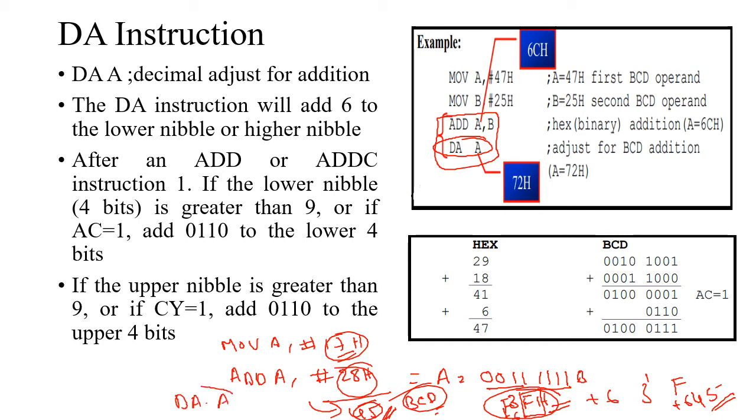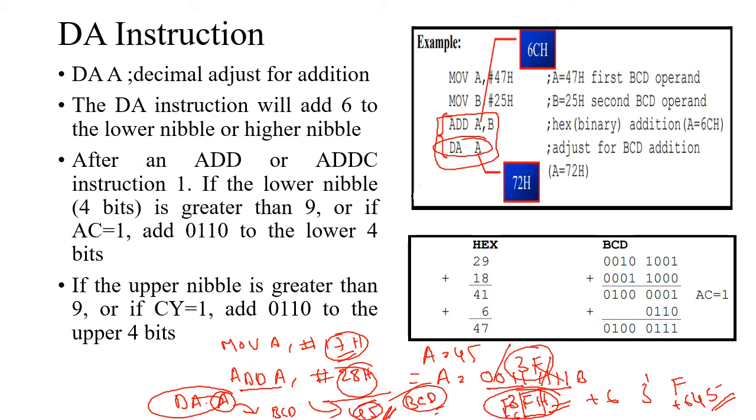What it does is it automatically checks the values that are present in the accumulator. If it is a non-BCD number, it will convert directly into a BCD number. That is, if you use ADD A, #28H, and after this you use the DA instruction, what you will have in the accumulator is 45 instead of 3F, what we had in the previous case.